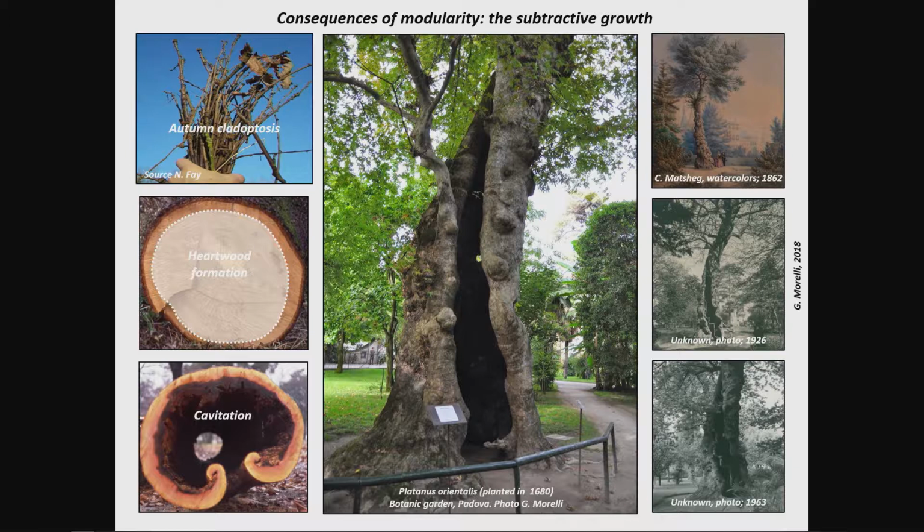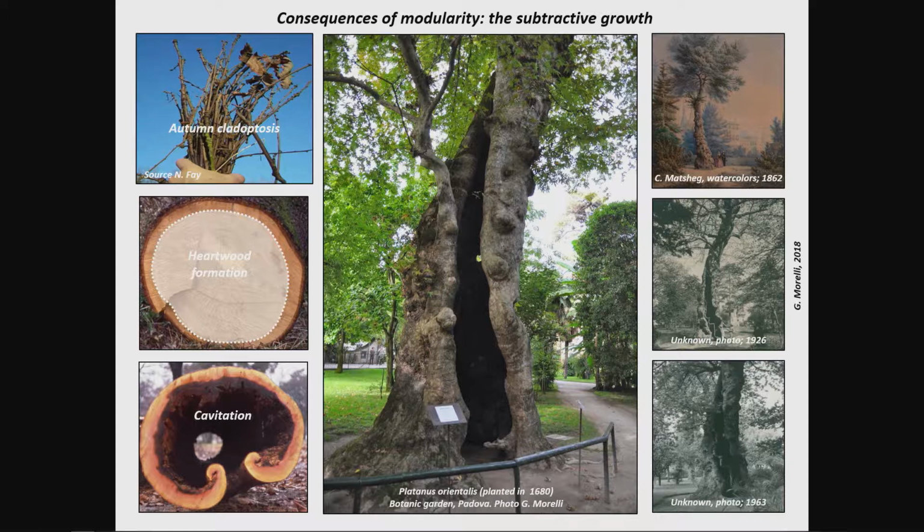So we said already, heartwood formation or cavitation, and this is a very good example. It's a plane tree in Padua Botanic Garden. It was planted in 1680, and already in the 19th century, we had this tree partially hollow here.